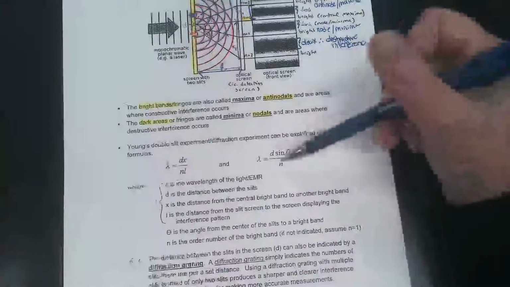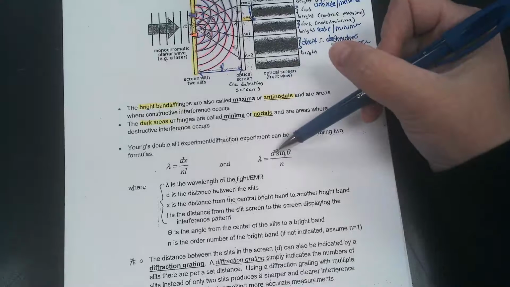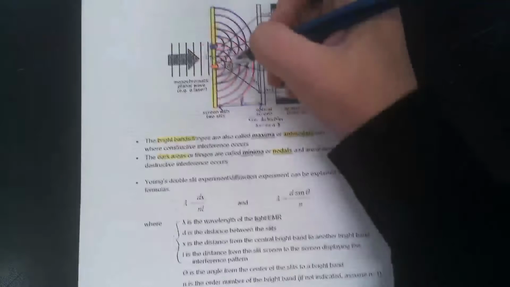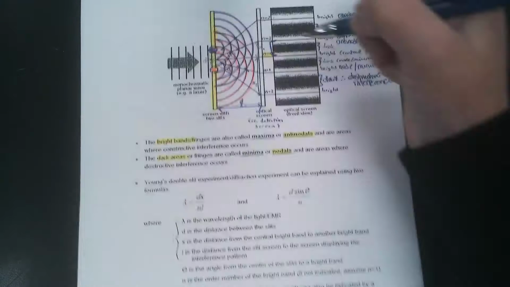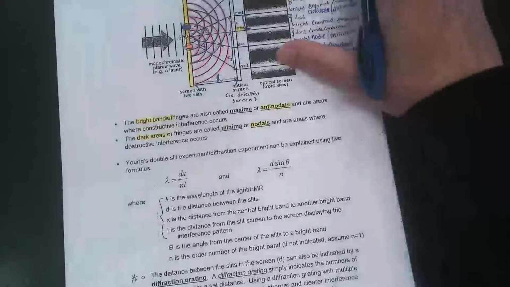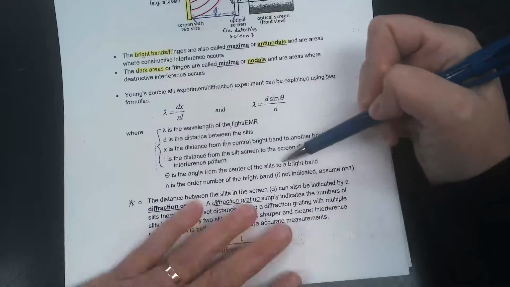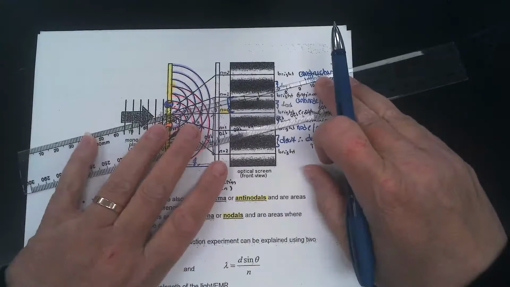The other way that we can figure it out is lambda, or wavelength, is equal to the distance between the slits, so this piece here, they're going to be equal. So the distance between the slits, and the angle from the center of the slits to the bright band. So from this angle here, we can see here's a bright band.